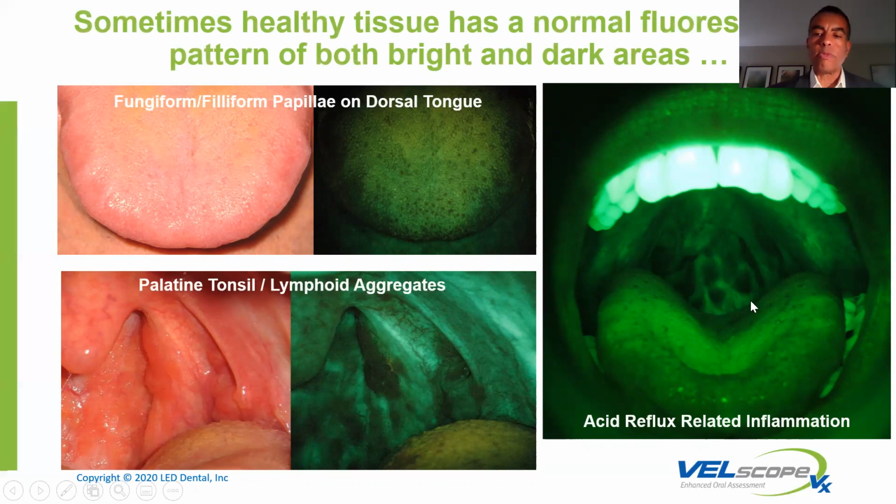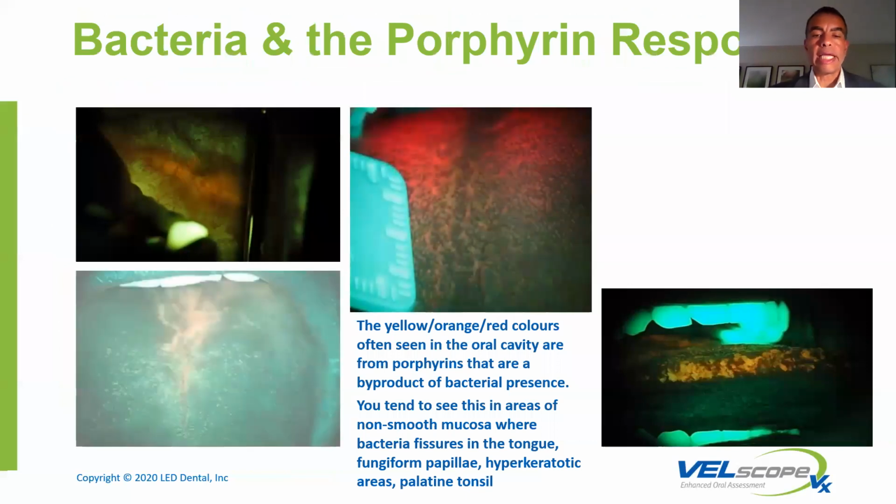This is actually something that's more common with acid reflux, where you see these polyps right in the back of the throat. You see that, make sure you have the conversation with the patient about if they have acid reflux, are they treating it? Maybe the medication they're taking isn't effective. Maybe they're not taking it regularly, but make sure that they're following up with their primary care physician to address this issue, because this is a severe issue that needs to be obviously taken care of.